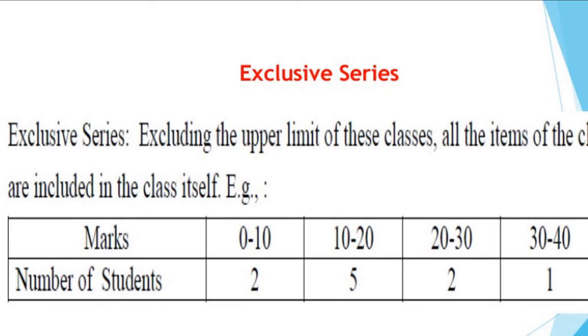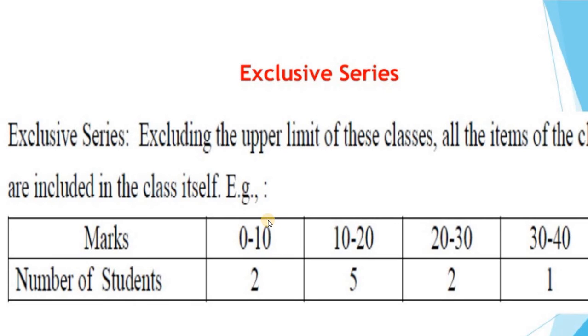Exclusive series. Excluding the upper limit of the class, all the items of the class are included in itself. Example, you can see here 0 to 10, 10 to 20, 20 to 30. It is excluding, means you can see here 0 and 10, we are not including 10 in this class.